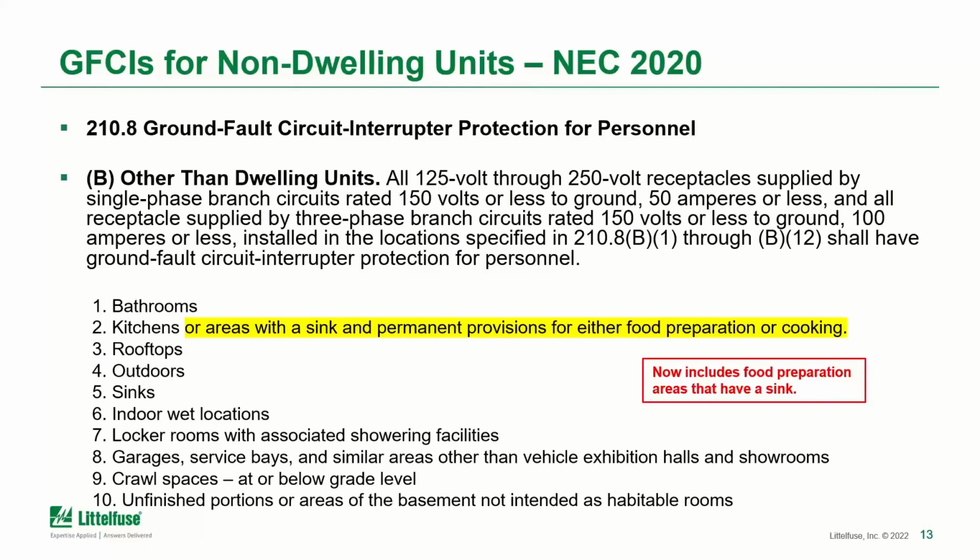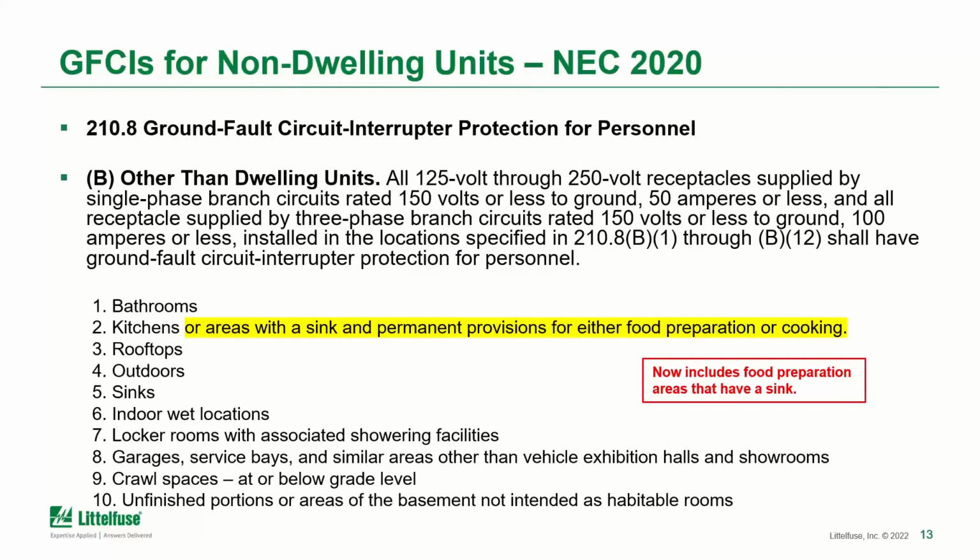And on a similar note, in NEC 2020, there wasn't a major change, but there was just a minor update. And what I've highlighted there is to show, now instead of just a kitchen, it's now including areas that have a sink and permanent food preparation.